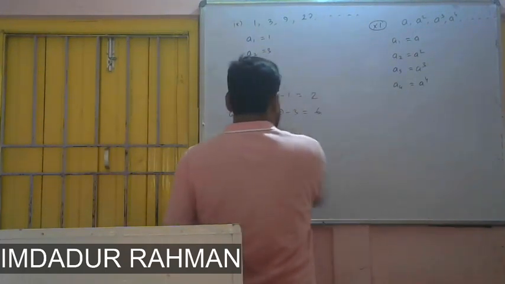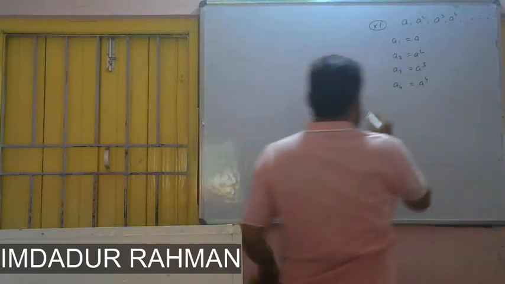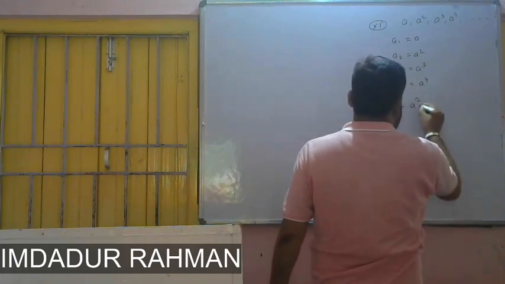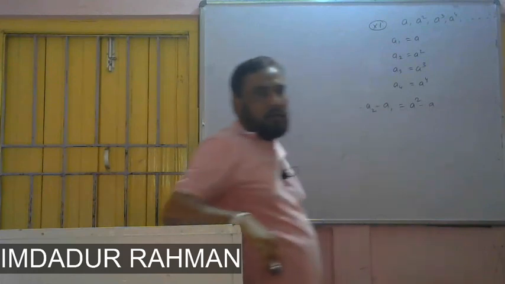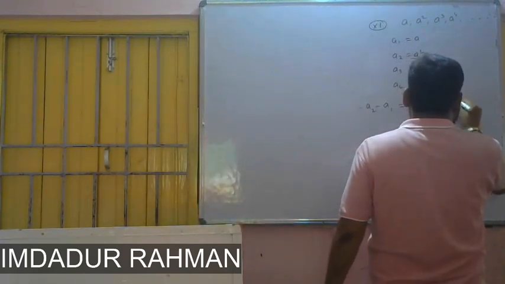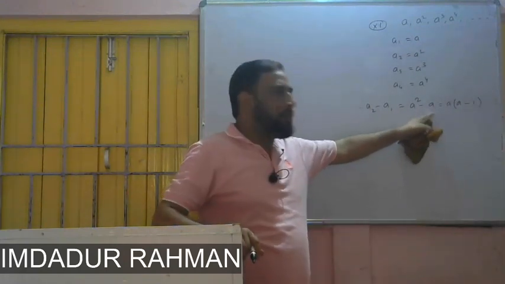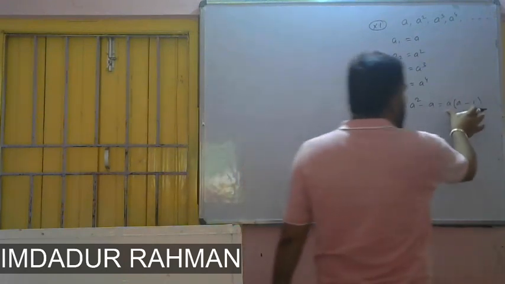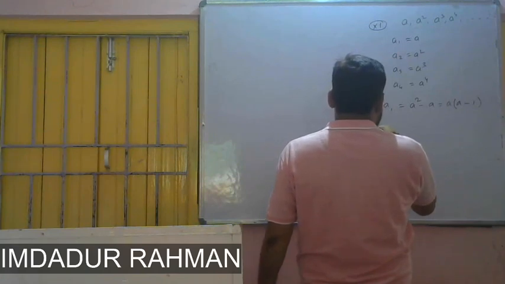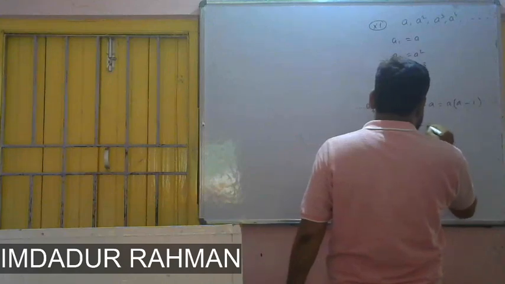So here we will find out the differences. You see, therefore a2 minus a1, a square minus a. Okay, here we can simplify it, taking a as common, then what will remain? a minus 1. So the difference is a into a minus 1. Like this, a3 minus a2, if we find out, then a cube minus a square.